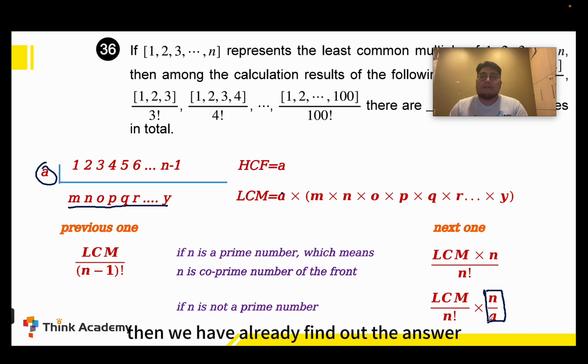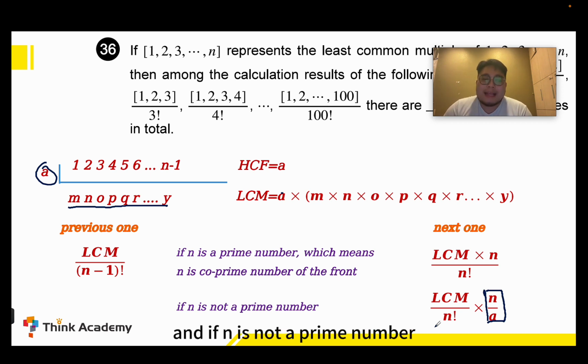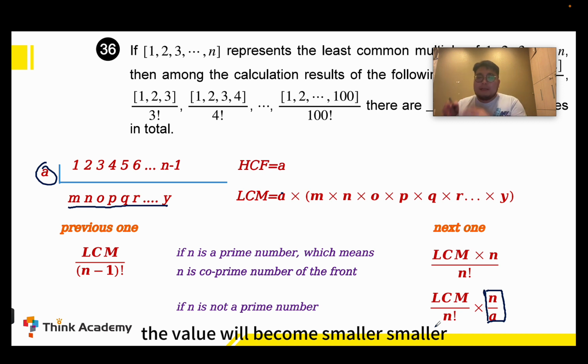Then we have found the answer. If n is a prime number, the value will never change. And if n is not a prime number, the value compared with the previous one will become smaller.